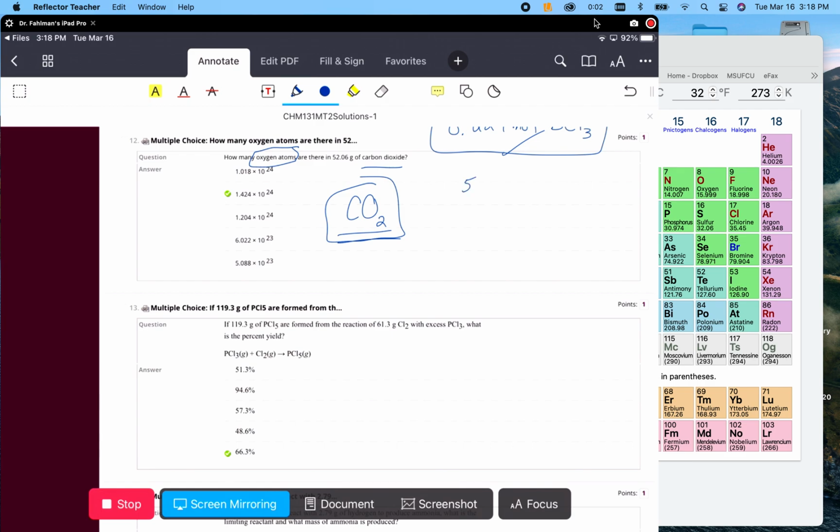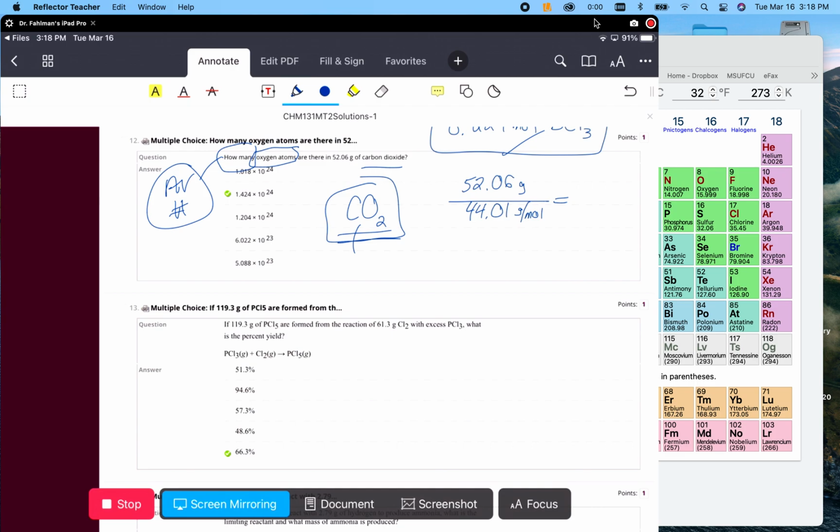So how many, again, means Avogadro's number, but our first stop will be to calculate moles. And so we have 52.06 grams. Then we divide by the molar mass of this. And so that's 16 times 2 and another 12.01.